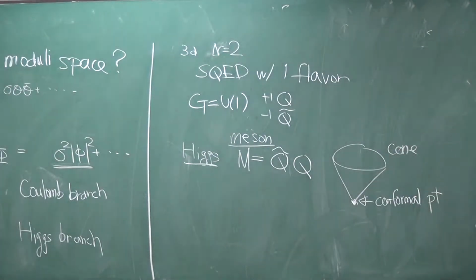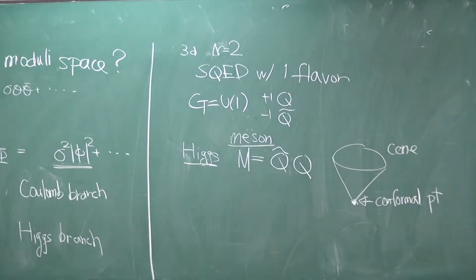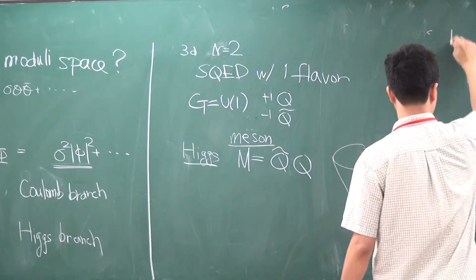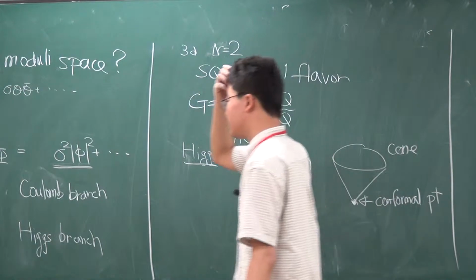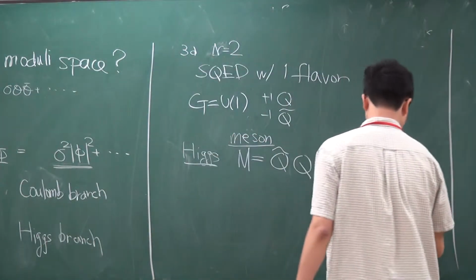So the Higgs branch is easy. Now, what about the Coulomb branch? The Coulomb branch is indeed more difficult for multiple reasons. Excuse me, why is it conformal? Well, it's the point where everything is zero.